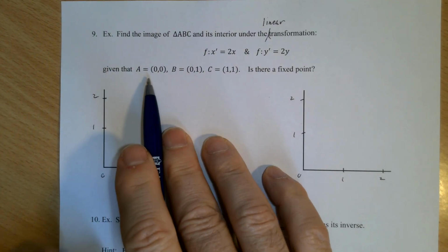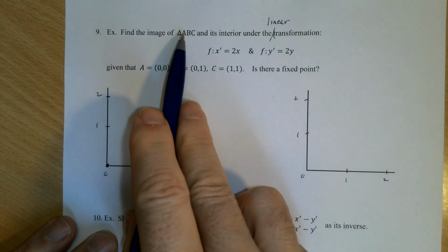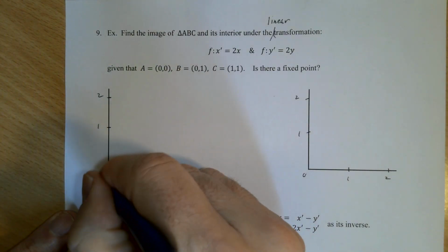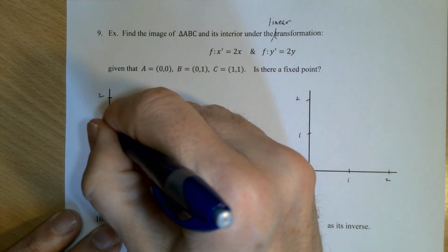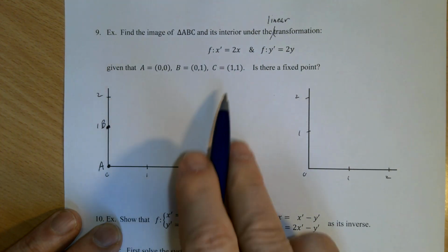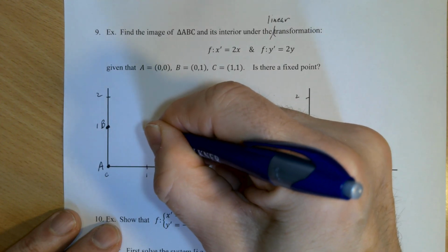Okay, if we plot A, we're just going to put the triangle in this plane. Here's A. And then B is going to be 0, 1, which is here. And then C is going to be 1, 1, which is about here.